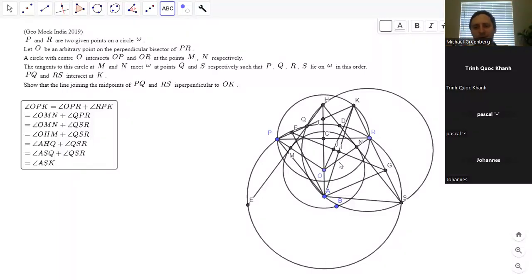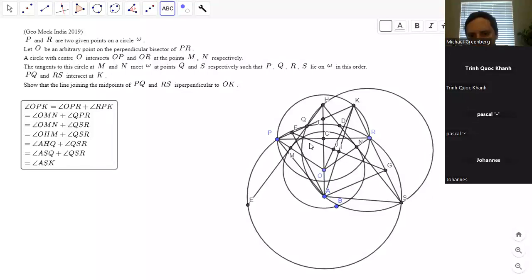Okay, so then that would mean that SA over PO is the ratio of similarity in those triangles, and we want to show that's SK over PK. So how do you, sorry, let me think about that.